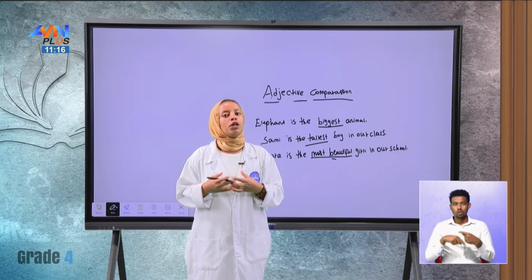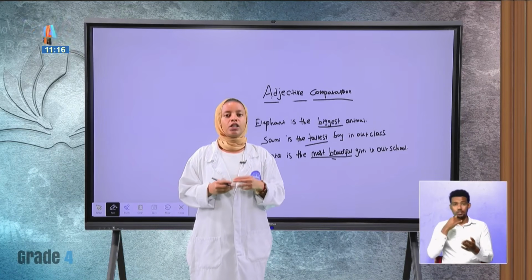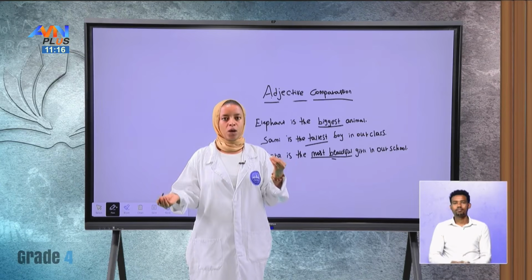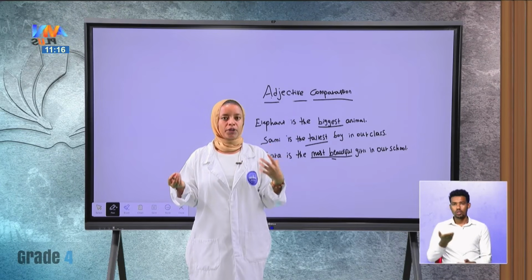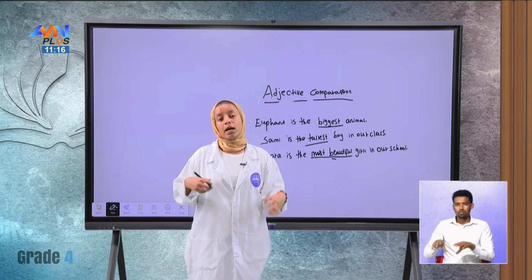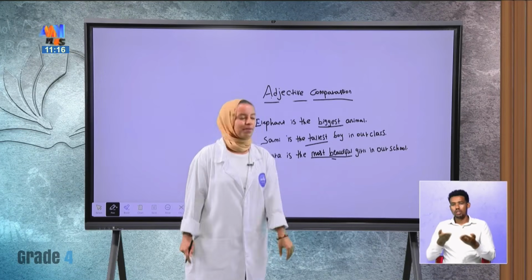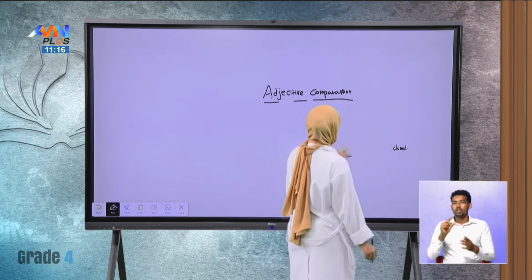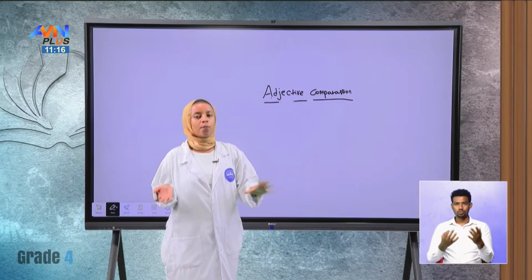When we come to comparative adjective, we are comparing things one by one, two things: students with students, things with things, and animals with animals. Students, let me give you some words and let us change them into their superlative and comparative forms.